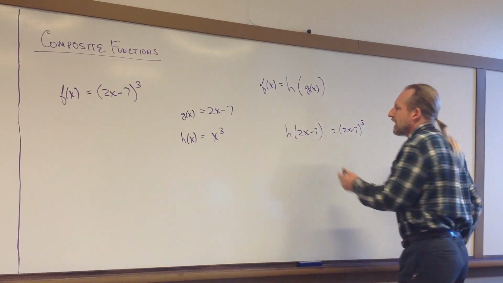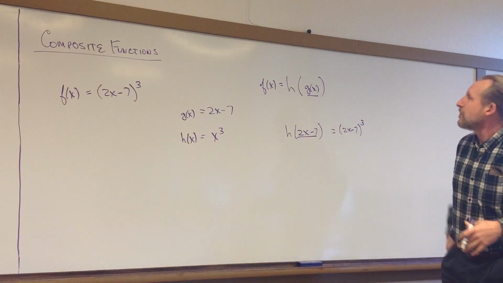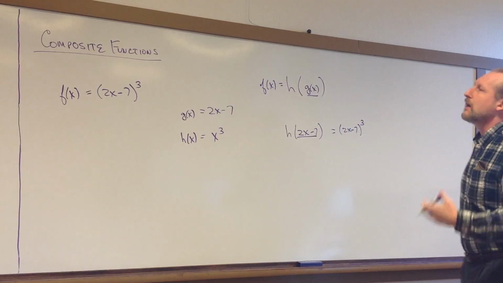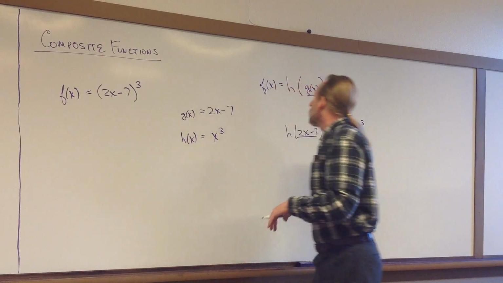So here, instead of using the actual function itself, we just use the function name g of x. All right, so that's the idea behind composite functions, that it's one function acting on another function.